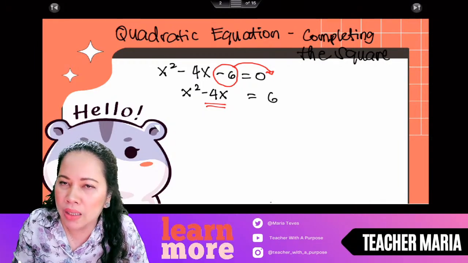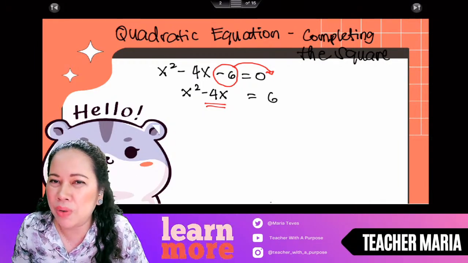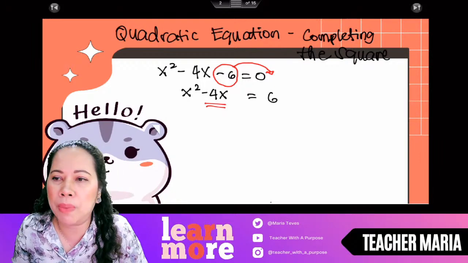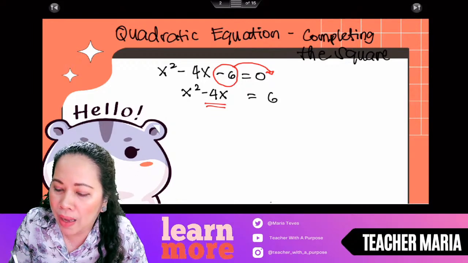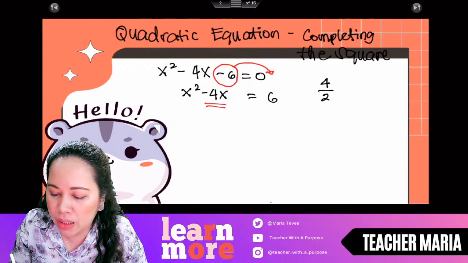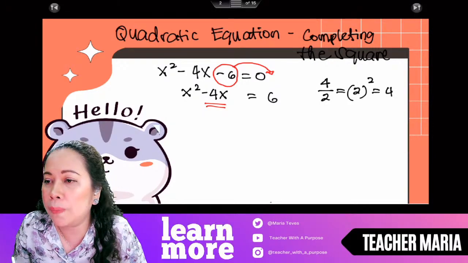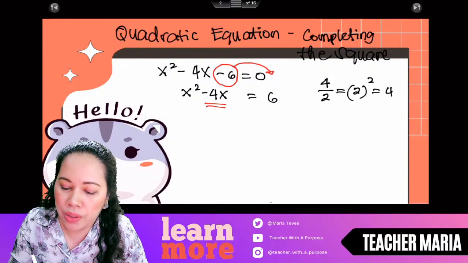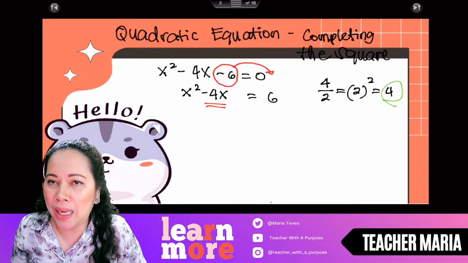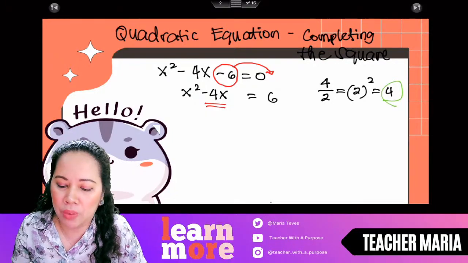Please disregard the negative or the positive sign, because when you square it, it will always be positive. So if you have 4, that's the middle term, divided by 2, that will be 2. And then you square this, you will get 4. This is the one that you need to add on both sides of the equation.